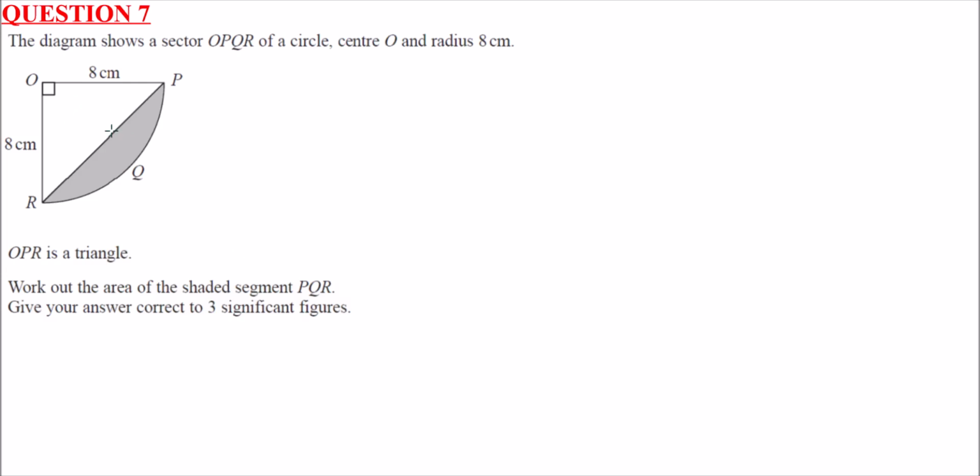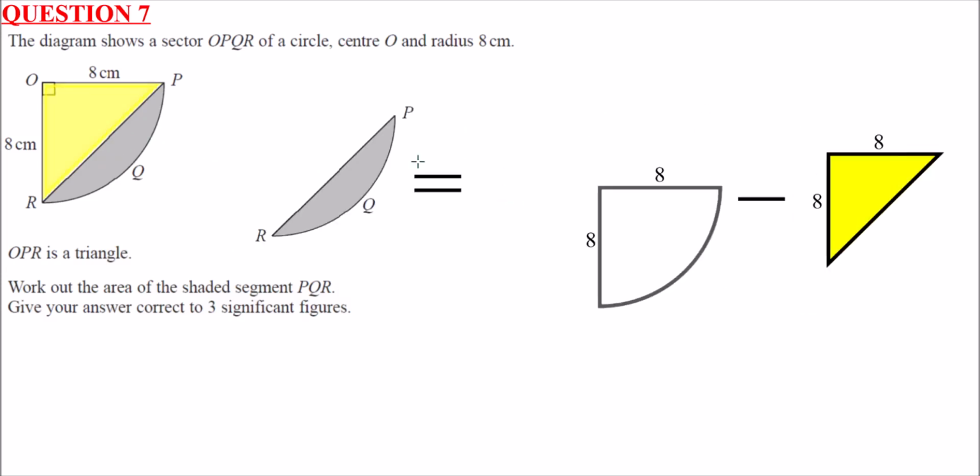So we need to think of this shape in terms of split up into a separate triangle and this segment. So if I colour this triangle in yellow, then I can say that this PQR must be this whole sector, including the curved bit, minus off this triangle colour-coded in yellow.